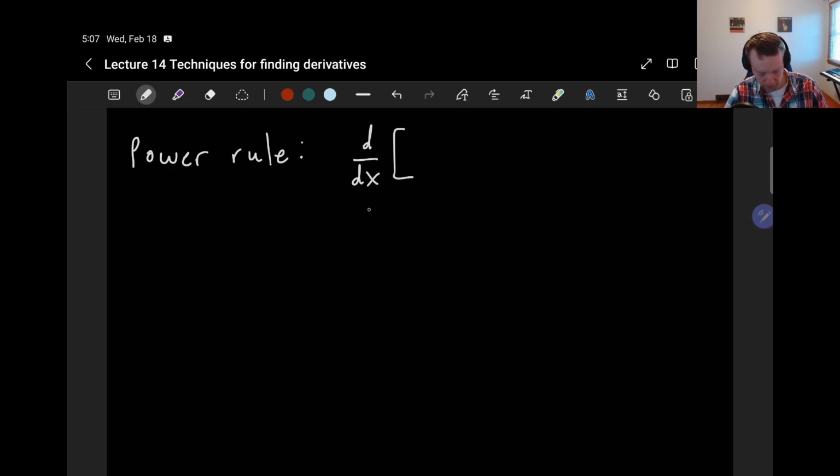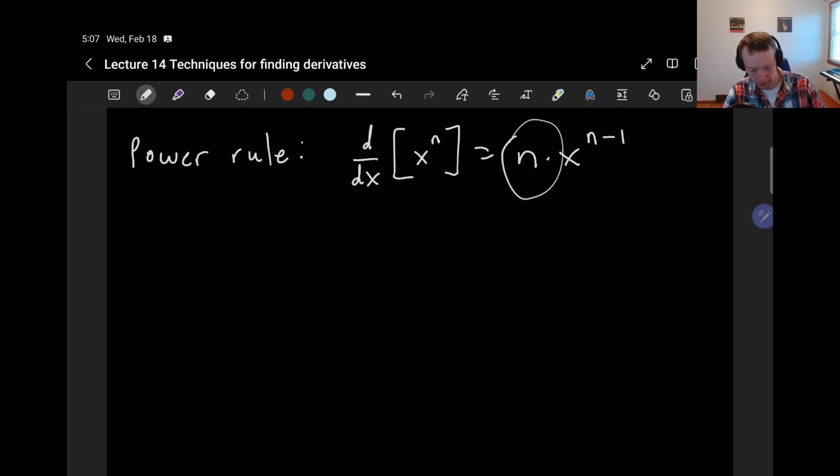The derivative with respect to x, just meaning x is our variable, of x to the n, is you bring the exponent down times x, now to the n minus 1. So you subtract 1 from the power, and you're multiplying by the old power. And this is where n is a real number.